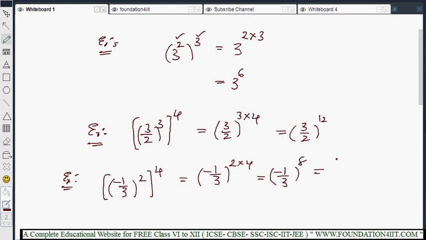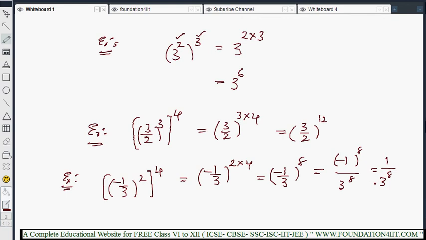Then you can split it. That means minus 1 power 8 by 3 power 8. So minus 1 power 8 is 1 itself because the power is a positive number. So negative 1 to a positive even power means you'll get only a positive value, by 3 power 8.